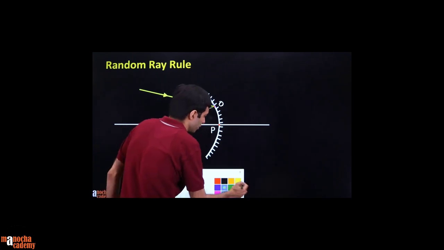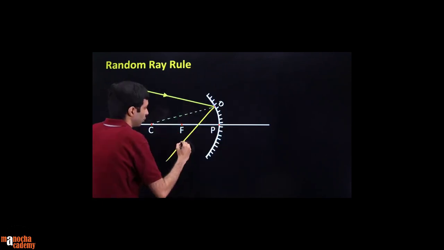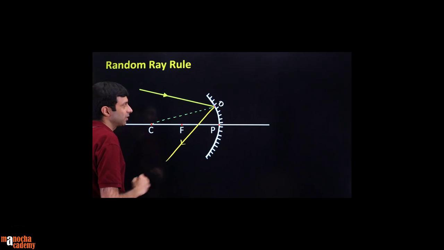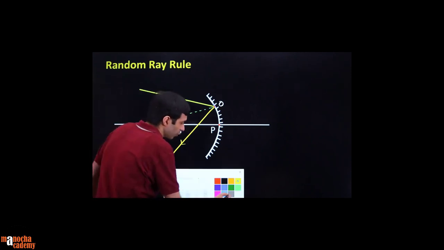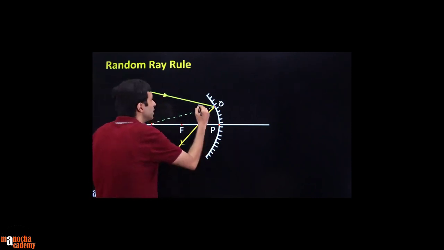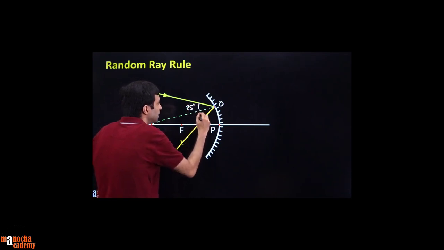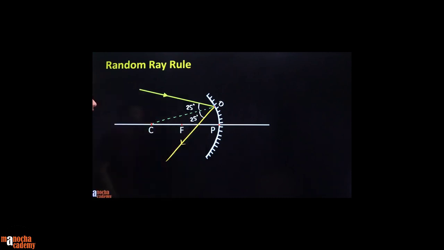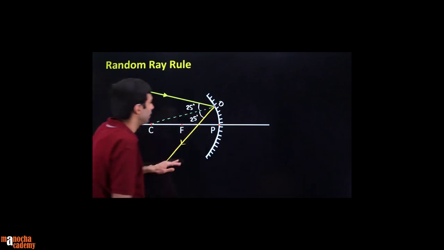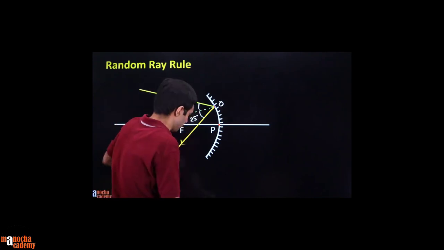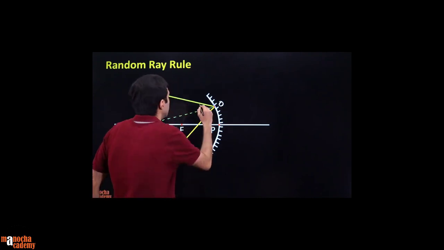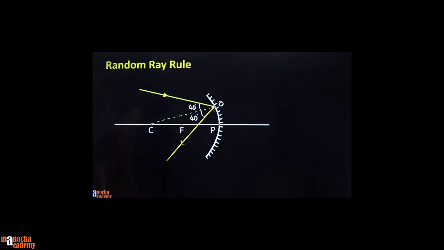So after reflection, you can guess it is going to go like this. To measure it accurately, suppose this angle was 25 degrees, then this angle will also be 25 degrees. Do you agree? It looks a little larger than that, so let's say this is a 30-degree or 40-degree angle.